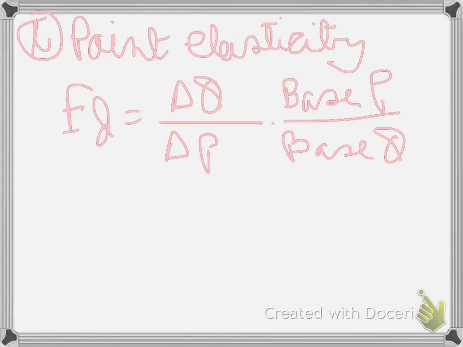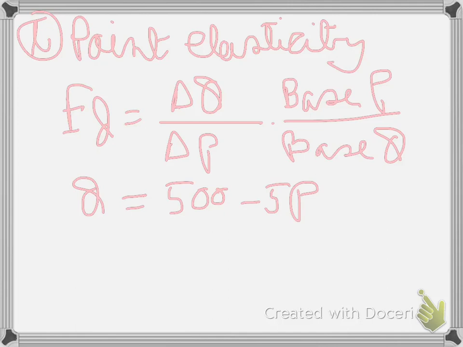Sometimes this point elasticity measurement is more convenient if we have a functional form of the demand curve. The book talks about some examples like that. For example, imagine that you have a demand function where quantity is equal to 500 minus 5p. This is a traditional demand curve. You can see that there is a negative relationship between price and quantity demanded.